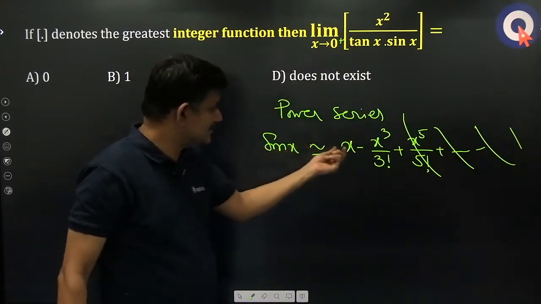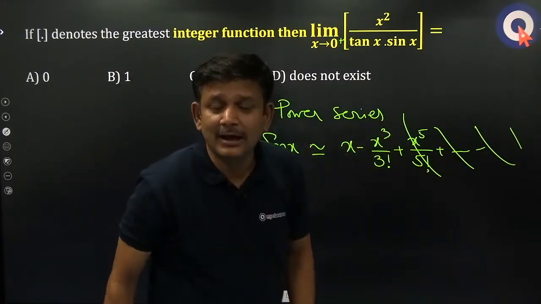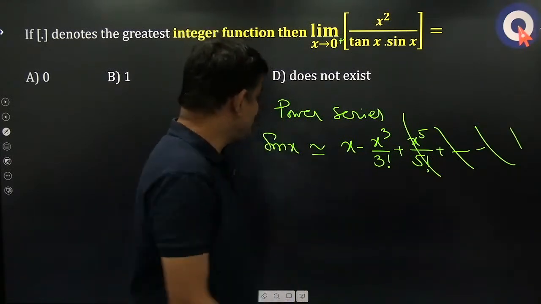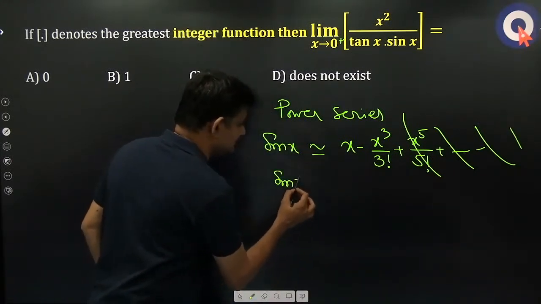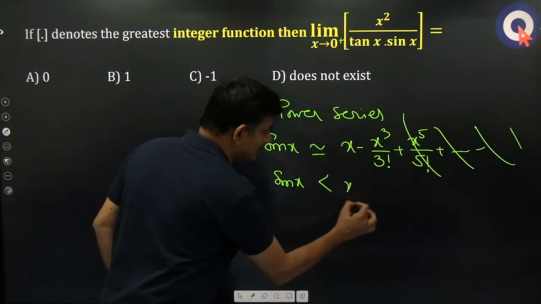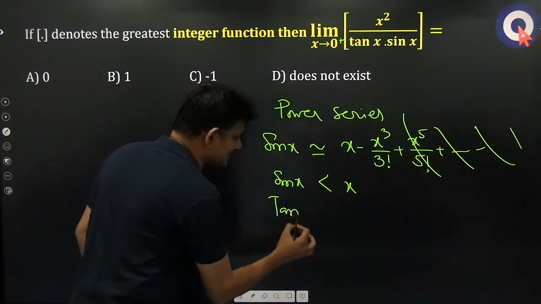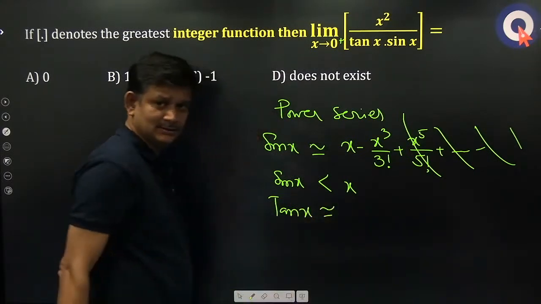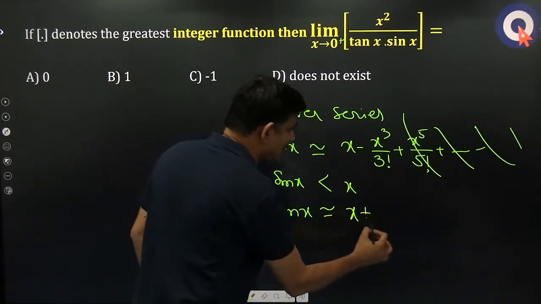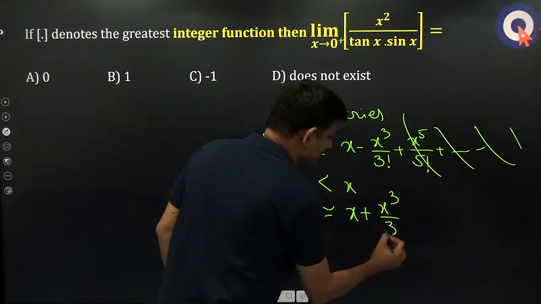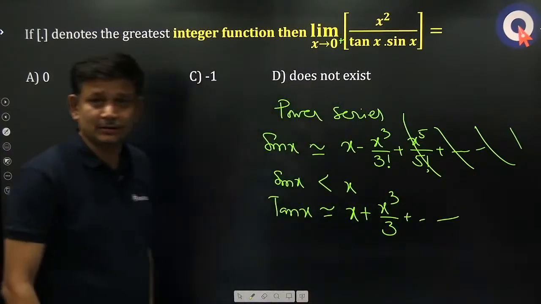So, what is sin x? It is x minus x cube by 3 factorial. That means sin x is smaller than x because you are subtracting. Look at the power series of tan x. What is it? It is x plus x cube by 3 plus so on.